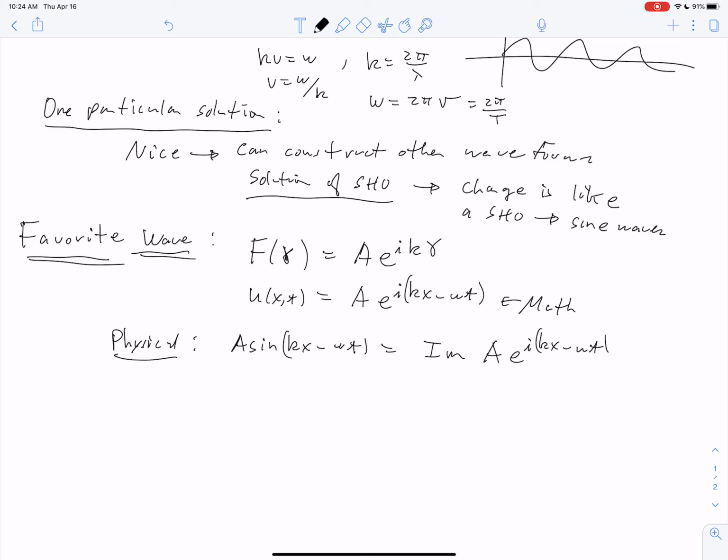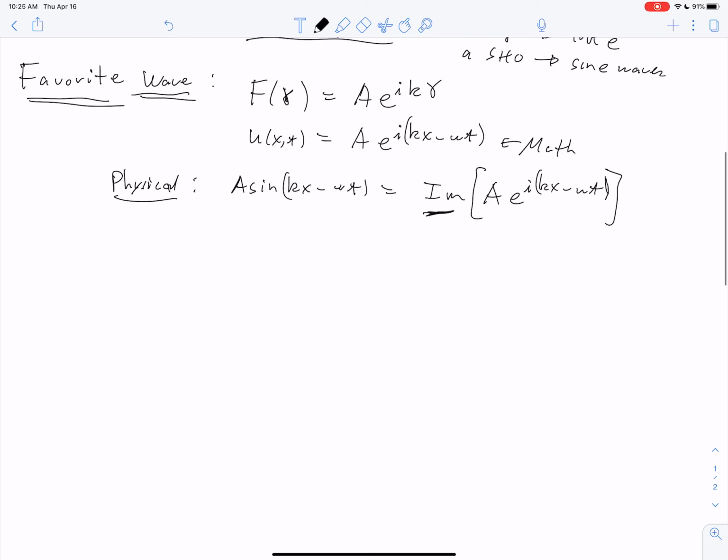So these are just little things that we have to remember. If we're using these imaginary waves, then to make them physical, we have to take the imaginary part of them. Okay, well, that's just a little bit of review. You'll see how that works. If that is confusing to you, don't worry. It should come out when we do some more examples. So let's apply this to E and M.